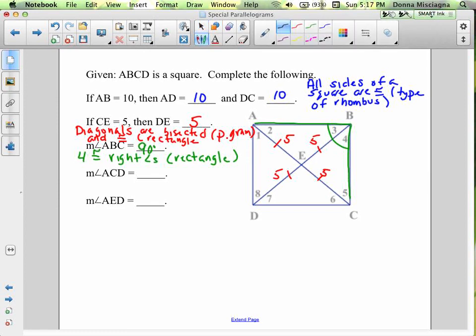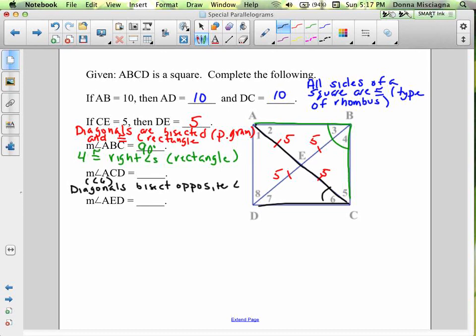Measure of angle ACD. Right, so that would be A, C, D. So we're looking for angle ACD, also angle 6. Right, so this angle right here. In addition to knowing that all of the angles are 90-degree angles, we also know that the diagonals bisect opposite angles in a square.